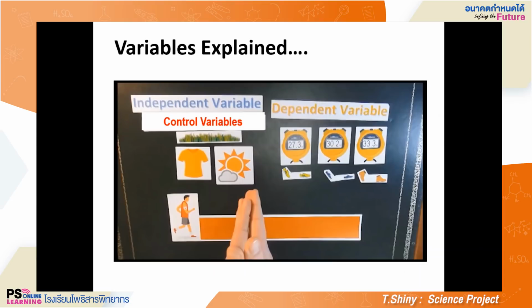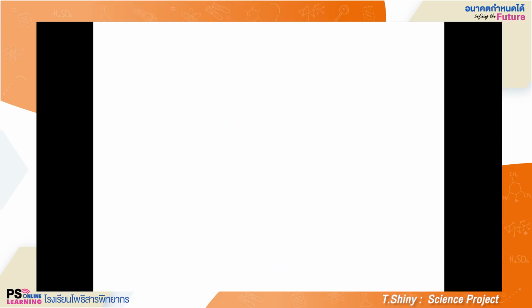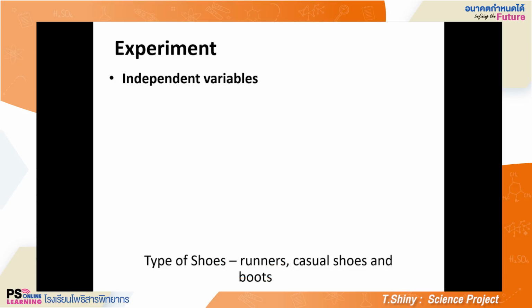All right, so from this experiment, I hope you can identify easily what independent, dependent, and control variables are. So let us look again at the different variables shown by this video. What are the independent variables in the video?